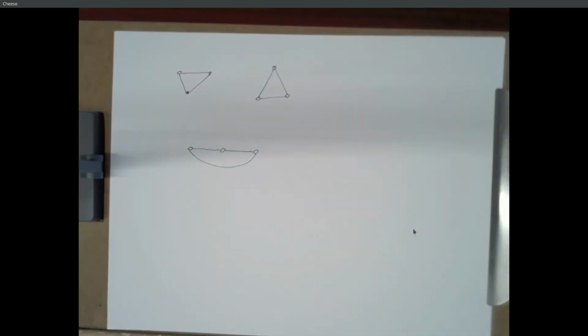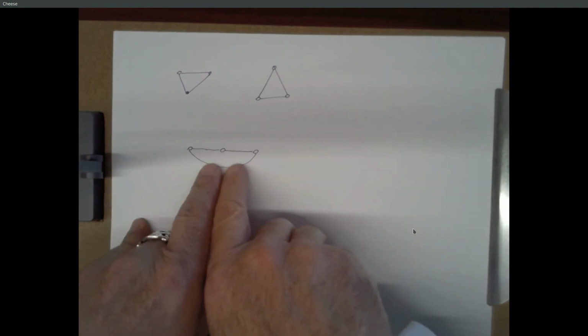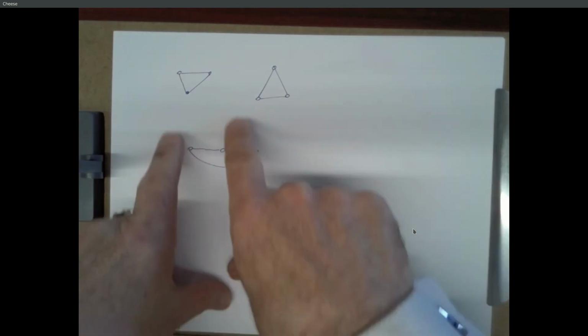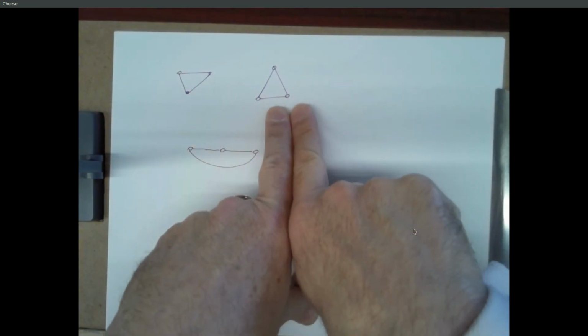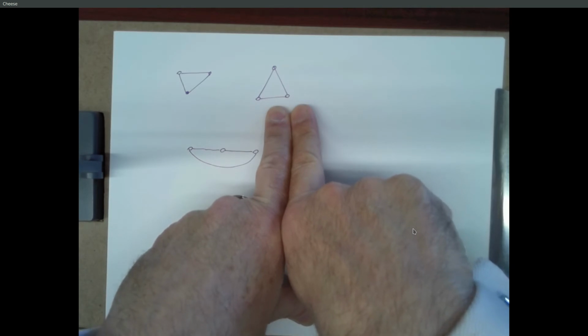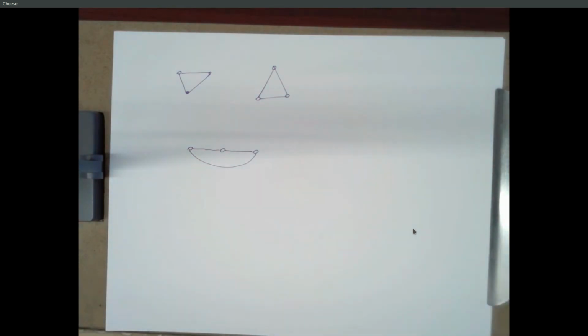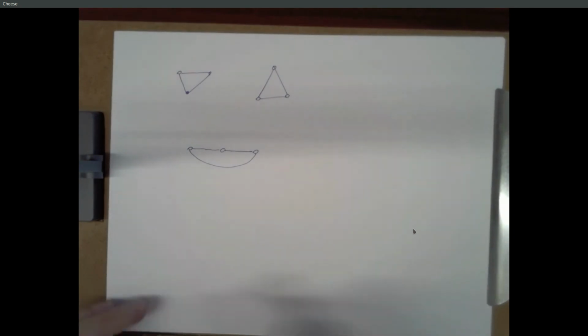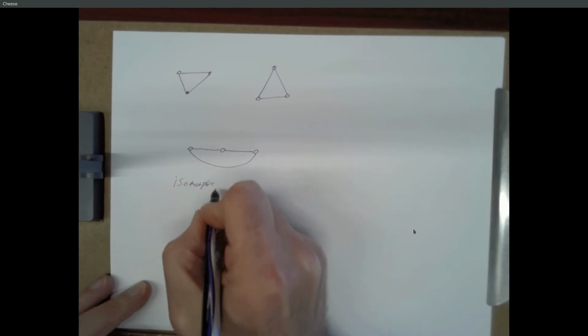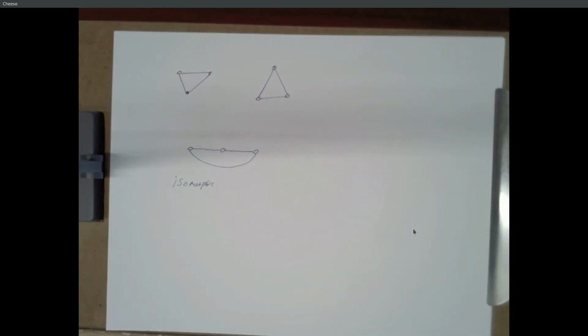And that's exactly the same as those other 2. And the way I can tell they're the same is because if I make these edges out of rubber bands and I make these vertices things that I can move around, I can move this around and turn it into that shape or that shape. As long as I don't break the rubber bands, I end up with something that's basically equivalent. So the fancy term is isomorphic. Iso means same, morphic means shape: having the same shape.